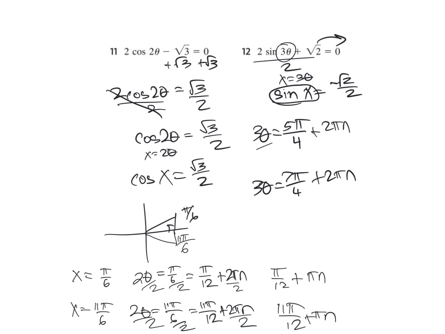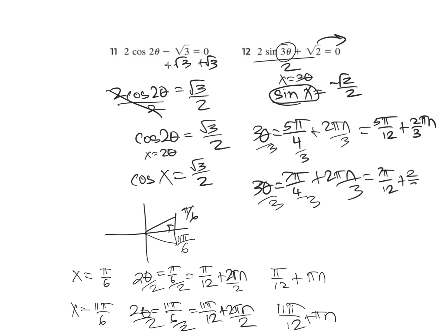So in this one, when we divide off the 3, you got to divide everything. I can't believe I didn't do that, but there you go. So our answer truly would be, if you're dividing by 3, it's multiplying by 1/3. So 5 pi over 12 plus 2/3 pi n and 7 pi over 12 plus 2/3 pi n.